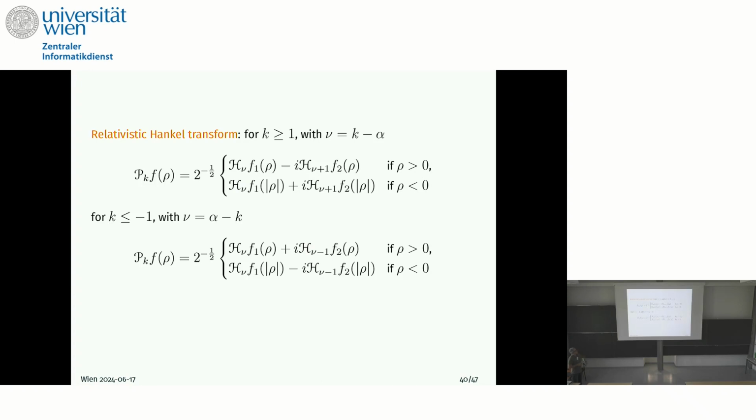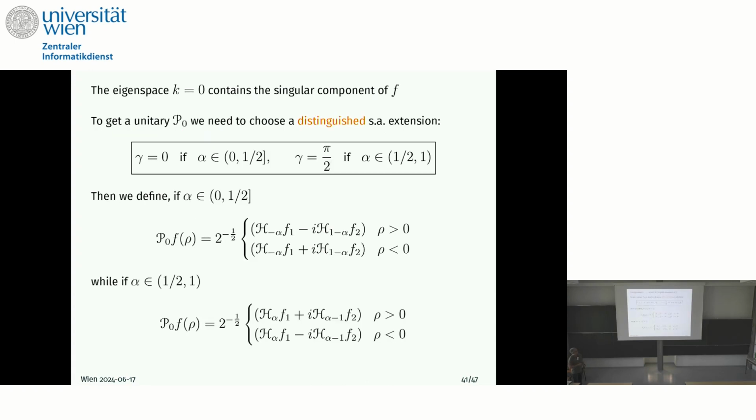And we need two different definitions for positive index and for negative index, and for kappa equals 0, we use this one for alpha. I repeat the choice, the special choice of gamma, depending on alpha. So for alpha below 1/2, this is the definition. For alpha larger than 1/2, this is the definition.